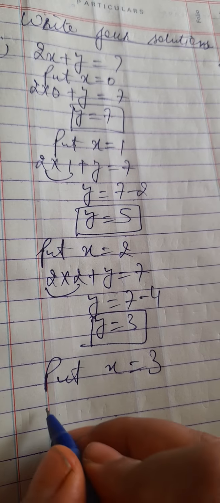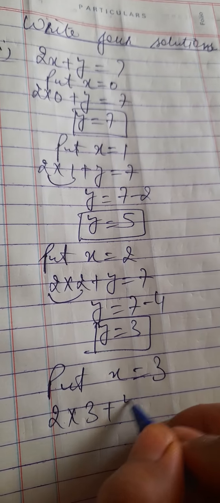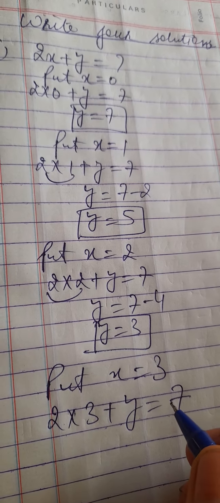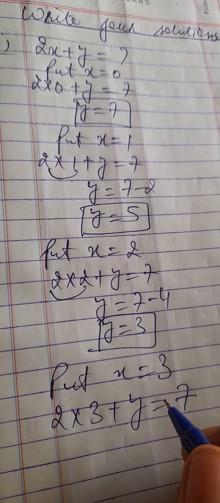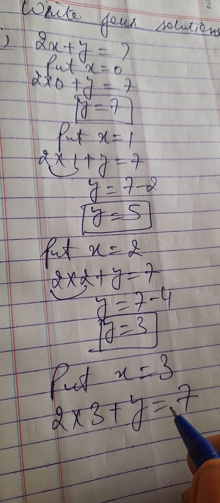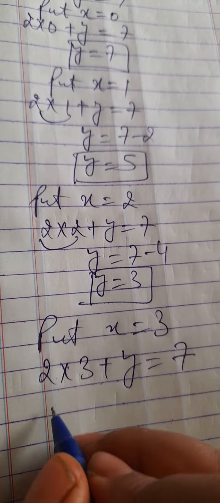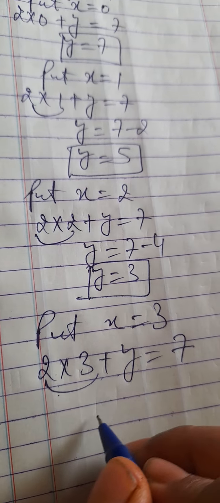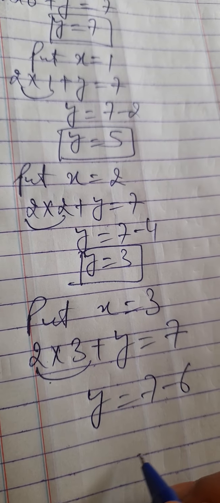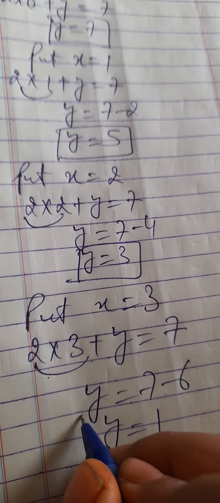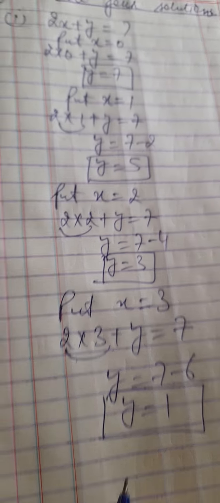Put x is 3. बेटा ये ज़रूरी नहीं है जो वैल्यूज़ मैं प्लग करवा रही हूँ सेम ही आपने प्लग करवानी है. Choose any values. मे बी इट्स 4, 5, 6, 7. It's your choice. We put x is 3. 2 threes are 6. Shift this 6 to its right hand side. We get the value of y is 1.